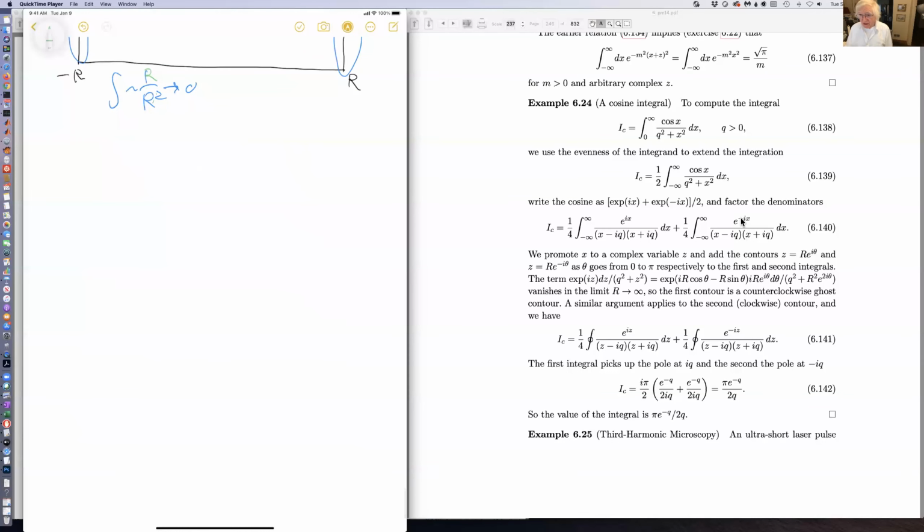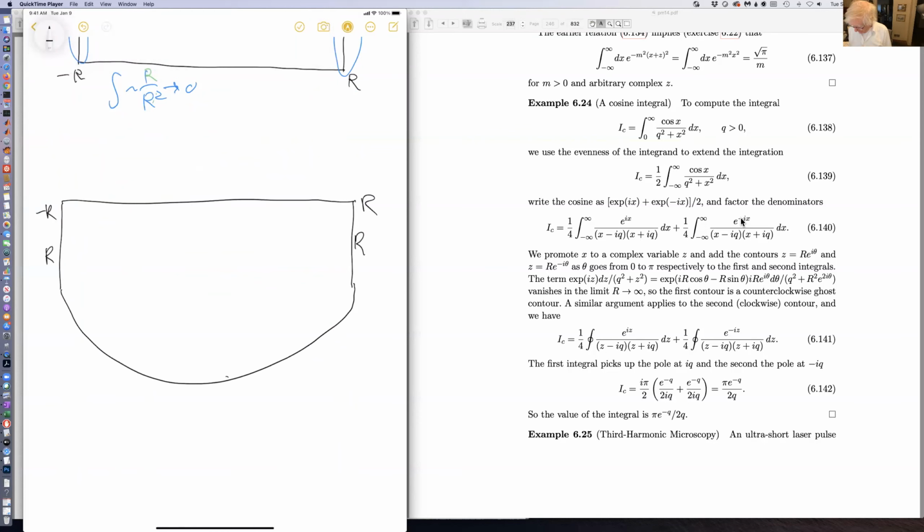To do the second integral, we originally have an integral here from minus r to r. Once again, we go down a distance r, and then we add a ghost contour here, because now we have the e to the minus ix term.